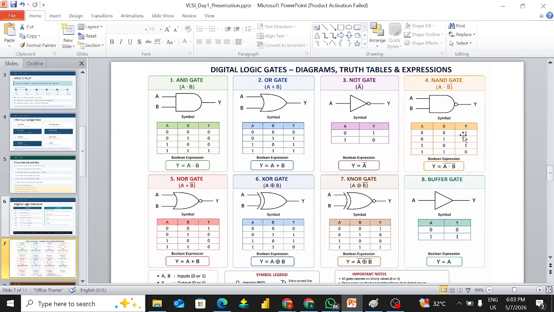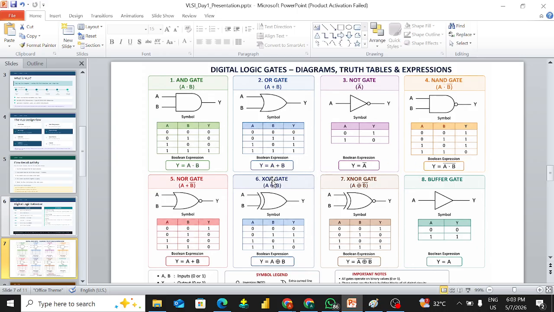But here we have 1, right? So how did this 1 come into existence? Because after the AND gate, it is going to perform NOT gate, so it reverses that 0 into 1. Like that also for 0 1 and 1 0, the AND gate output is 0 and NOT gate reverses it. For 1 1, the AND gate output will be 1, and by reversing that you will get 0.